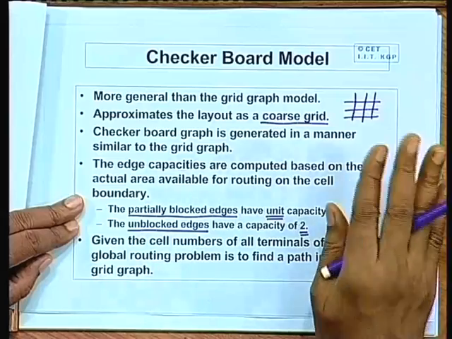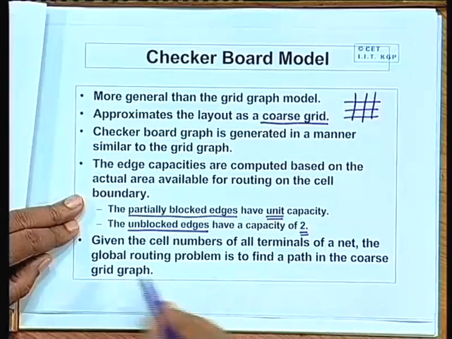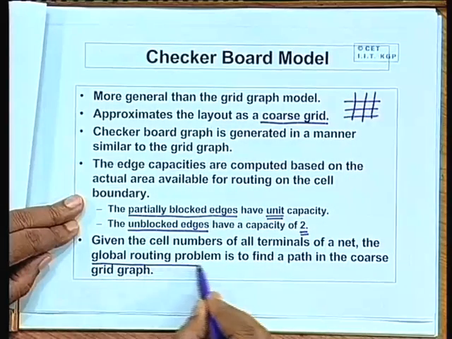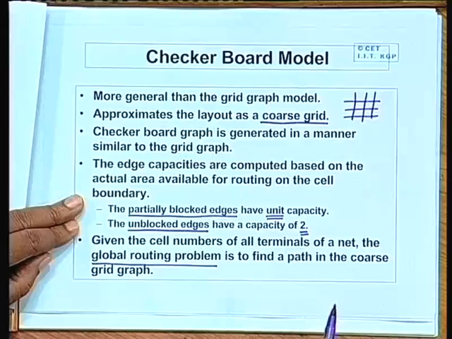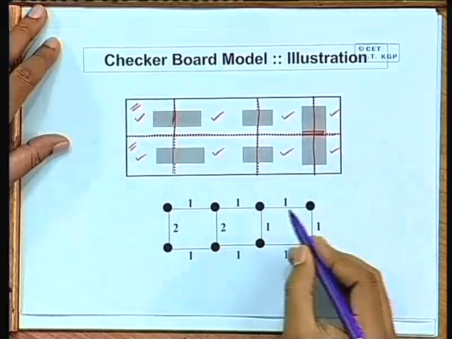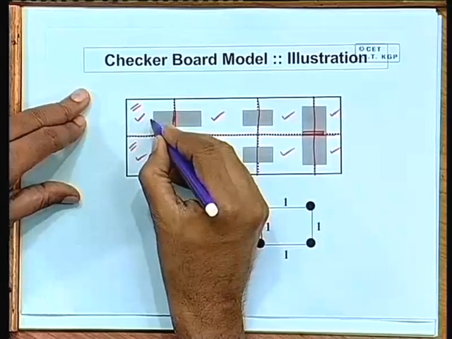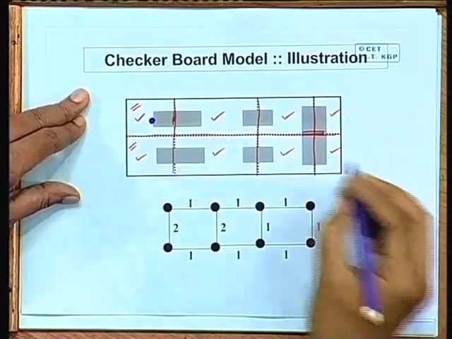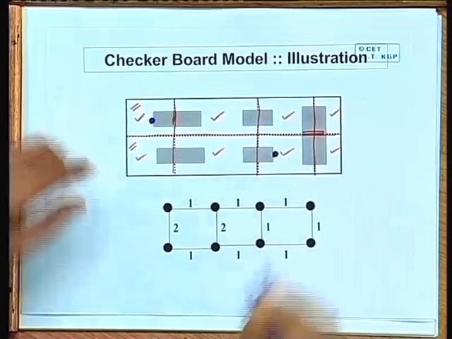Now, if we have a model like this, then your global routing problem will be to find the best cost path, not necessarily the best cost path, a path through the coarse grid. Suppose you have a representation like this, now you have to connect a pin out here to a pin out here.